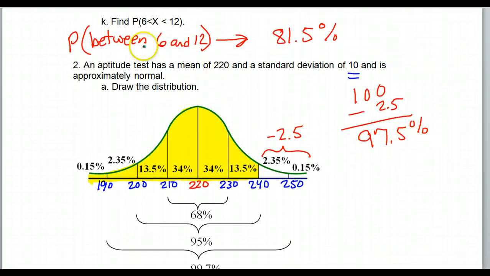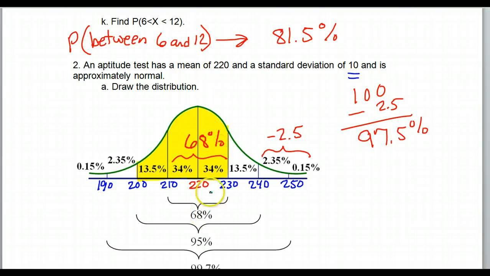So between 200 and 230 would look like this. Here is 200 and here is 230. So this is the interval that we are discussing, and we're supposed to find the probability, which means the percent. So we could just add these up. This is clearly 68%.